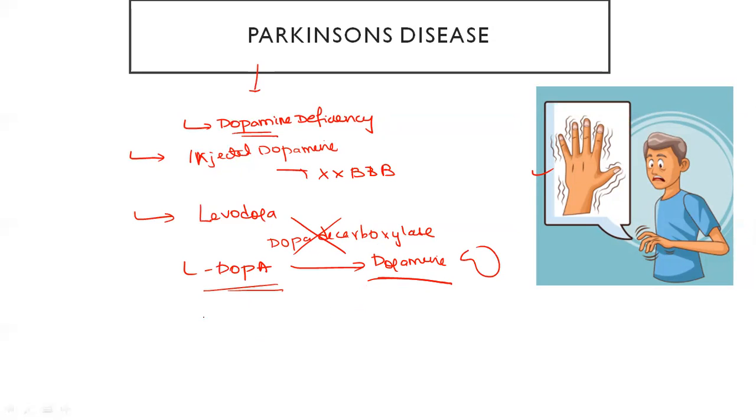All right. So L-dopa is given along with carbidopa because carbidopa is going to block the dopa decarboxylase, therefore allowing it to convert into dopamine only inside the brain. All right. So this is about the drug used in Parkinson's disease.